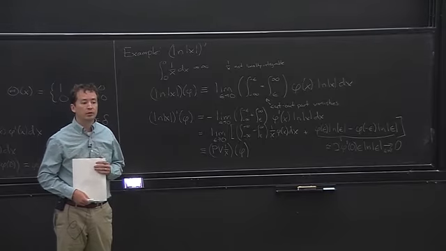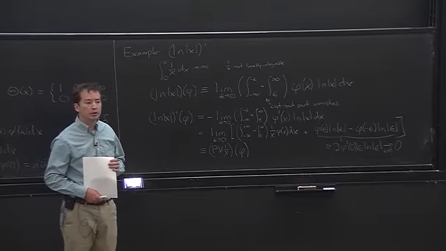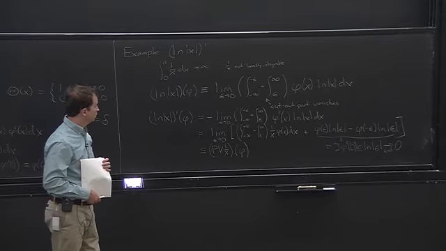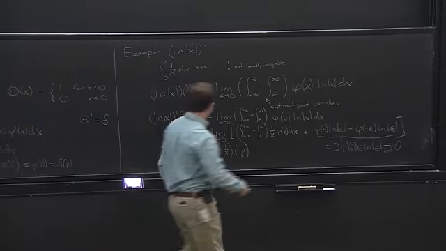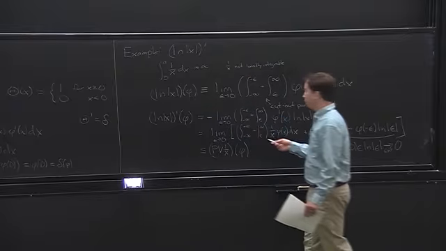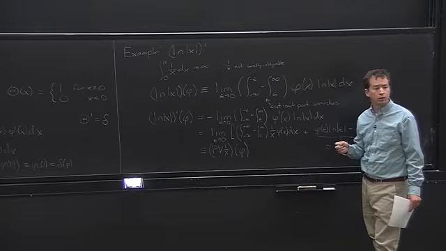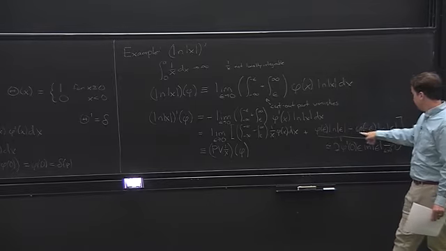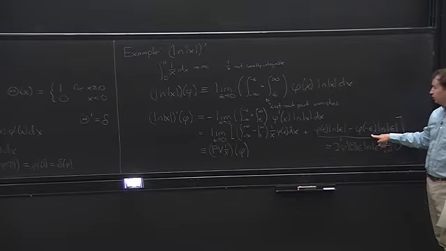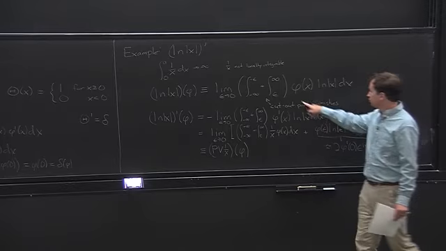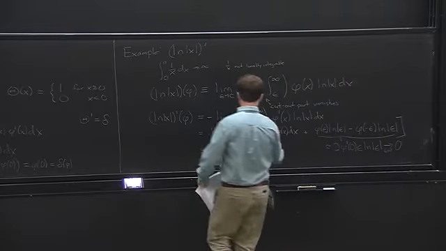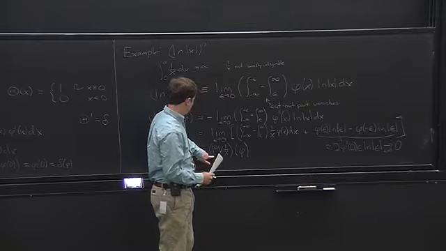Yes, Rick? Is this limit going to exist for any compact support C infinity function phi? Otherwise, it's going to violate the finiteness that we have imposed in our distributions, right? This limit? No, the first one, which is what is defining the PV of 1 over x. This first term? Yes.